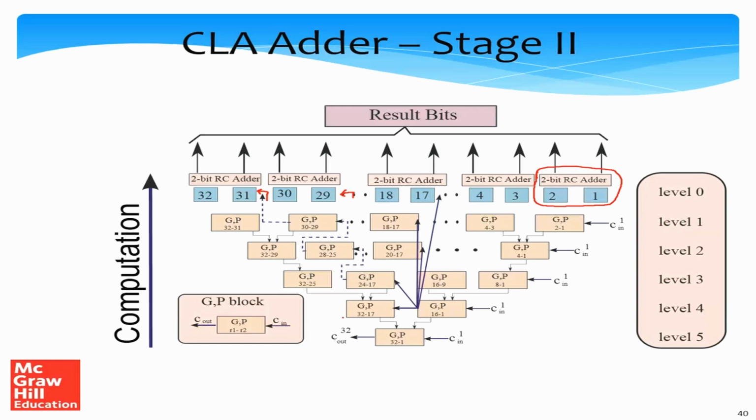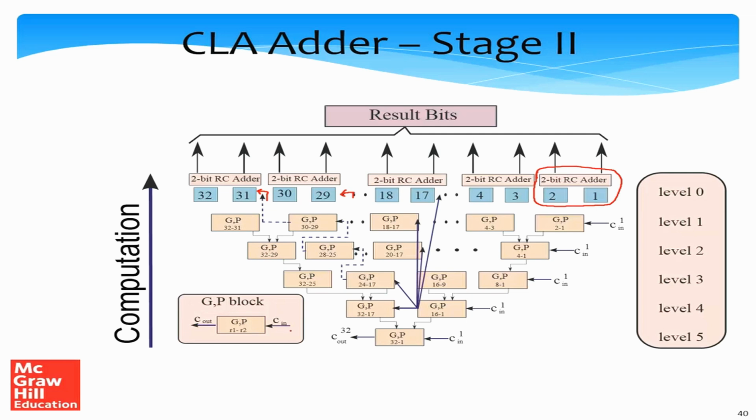Alright, so to quickly compute the carry, let us view a GP block slightly differently. Each GP block has a range of bits. For example, this GP block over here is considering the range of bits from the 17th position to the 20th position. So we are calling it R1 and R2. And this is like from 29 to 30. So the range is set.